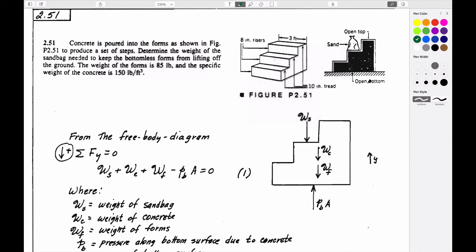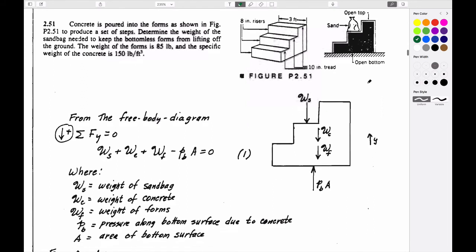Maybe a more challenging one. Again, the crux of all of these is being able to figure out exactly what you're being asked and what you know, and be a little bit creative about how you put these things together. So here's a question on a concrete form. A concrete form for a step, which is open at the top so you can pour the concrete in, and then is closed.